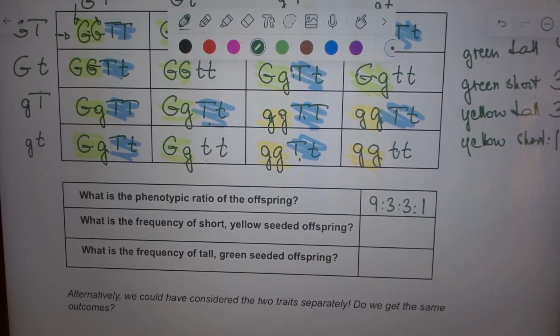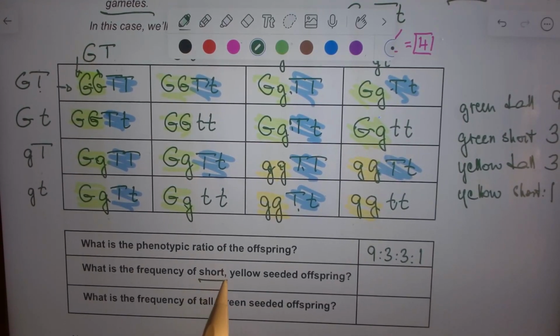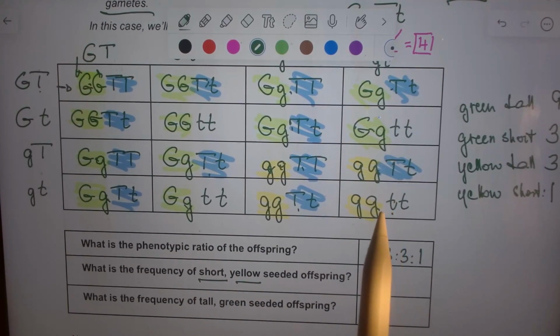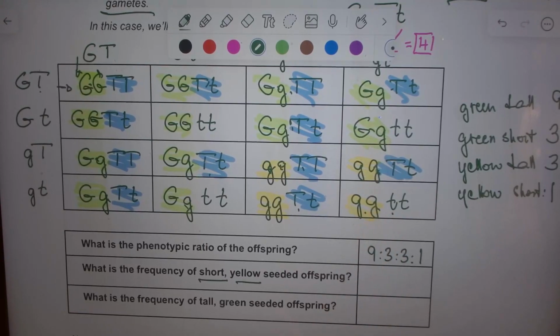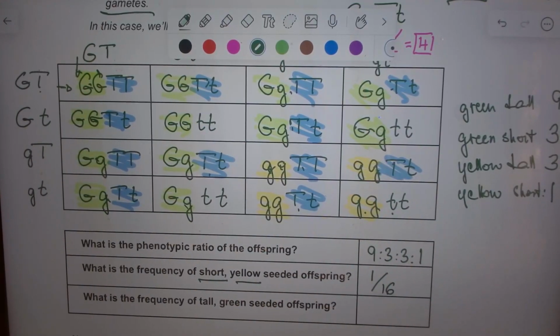What is the frequency of yellow-seeded, short offspring? Yellow-seeded, short and yellow. This is the short and this is the yellow, so it's going to be 1 over 16, and only one of them will be that.